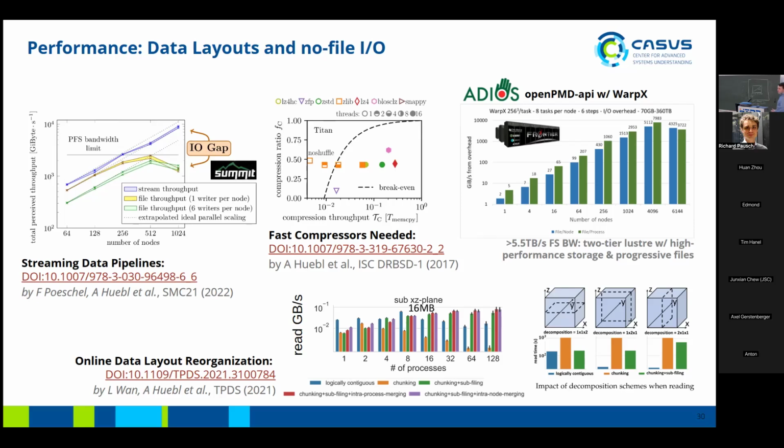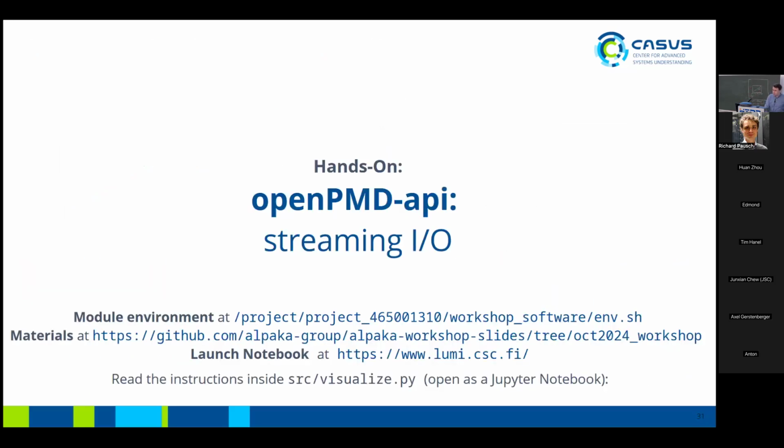And this was done in this study via streaming, streaming data out in order to read it back in a more structured way, to basically defragment load-balanced data. Another application of streaming.